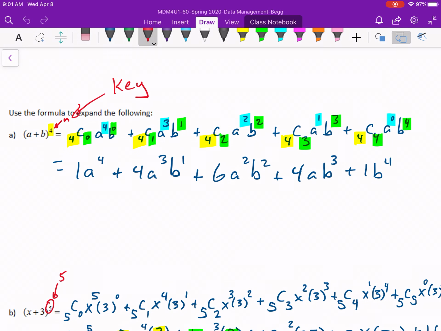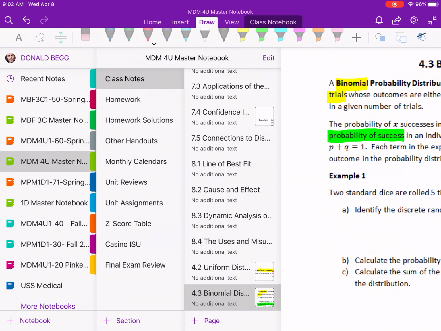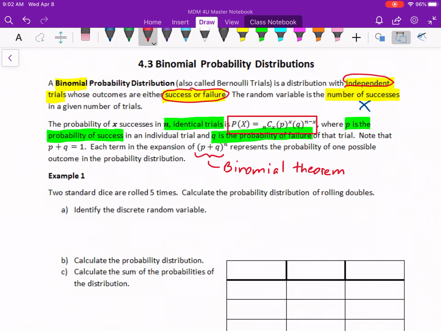And so we have 4 choose 0, a to the 4, b to the 0, plus 4 choose 1, a to the 3, b to the 1, and so on. So the formula that we're looking at today is just one term. It would be the 4 choose 0, a to the 4, b to the 0 part. And then the whole distribution is all those terms added together. So that's the connection between these things. That's why it's a binomial distribution.